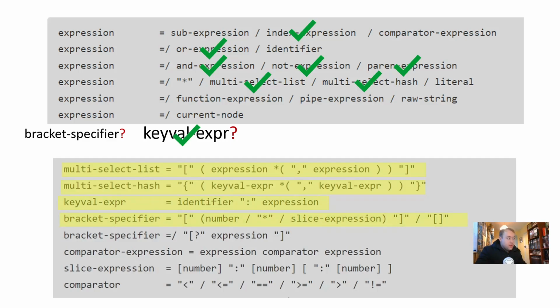Bracket specifier. Okay, now this is being explained. Well, that is just a literal opening square bracket, then a number, or a literal asterisk, or a slice expression. Or you could just have a blank square bracket. So we can see that this / here has scope over all of this on the left hand and all of this on the right hand side. Is that right?